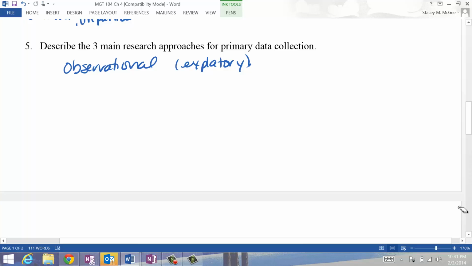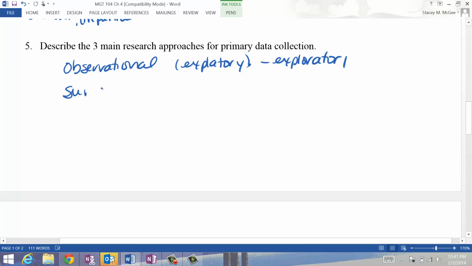For instance, you're trying out new toys, you put kids in a room with the toys and you observe what happens. Or if you think people aren't going to be honest, sometimes people tell you what they think you want to hear. So sometimes observational is the best, especially if you are doing exploratory research.